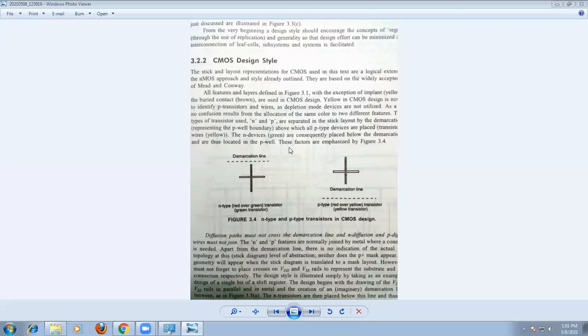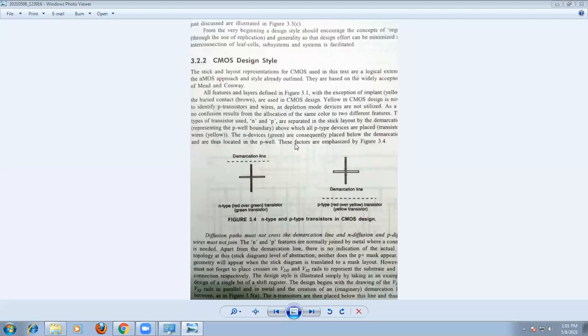But here, at any cost, there is no direct contact between P-channel and N-channel. There is no N diffusion and P diffusion joined together. That's why we are not going to use the buried contact in the CMOS design style.